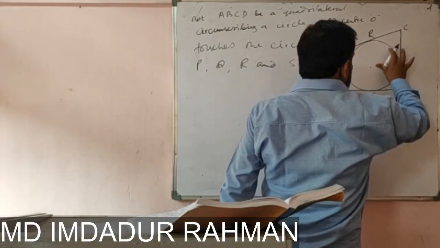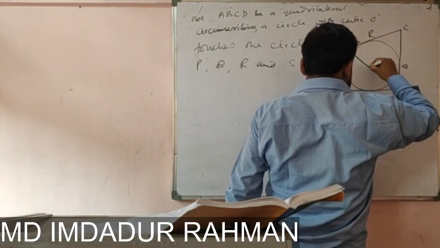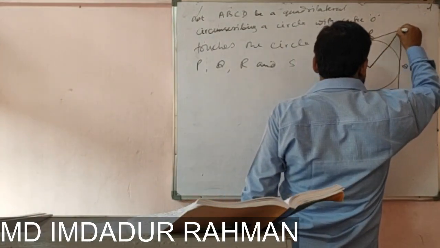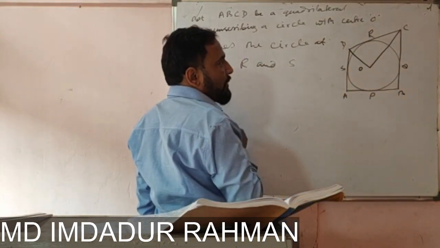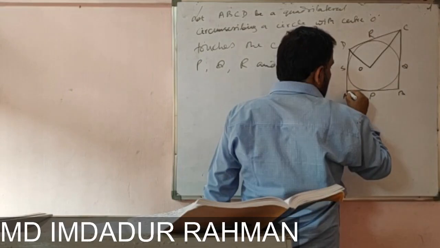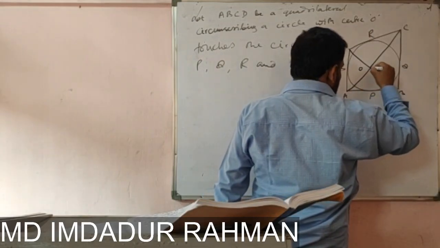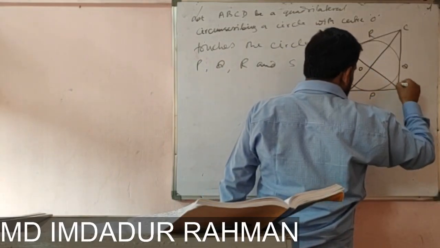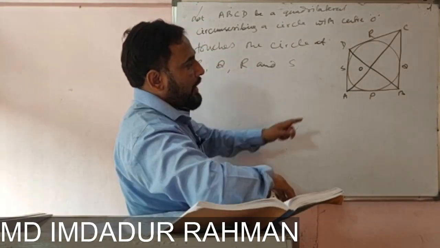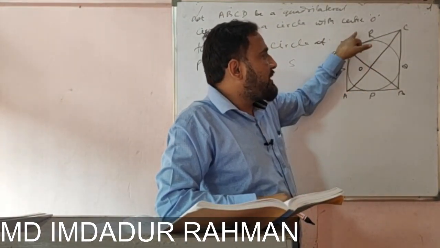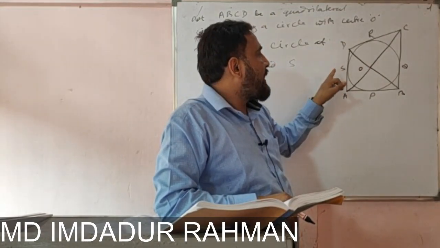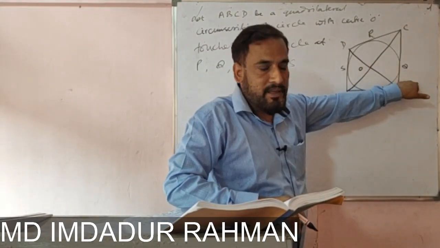What? Opposite sides: if we draw the angles AOB and COD, AB's opposite side is CD and AD's opposite side is BC.